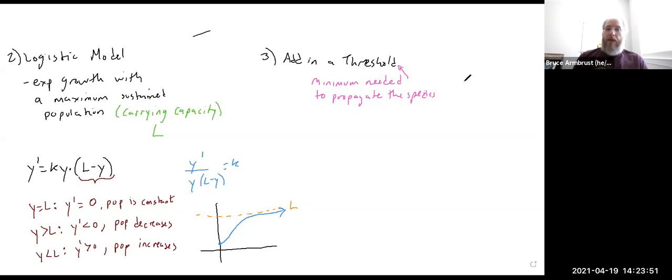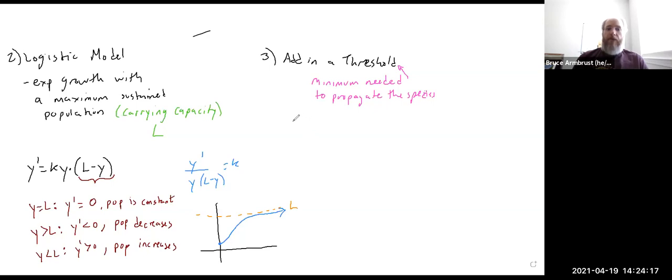All right, so it's going to be a number that if we dip below it, the population is going to die out. And this is very real. When we talk about, say, endangered species, their numbers are so low that if we're not careful, they will no longer exist anymore.